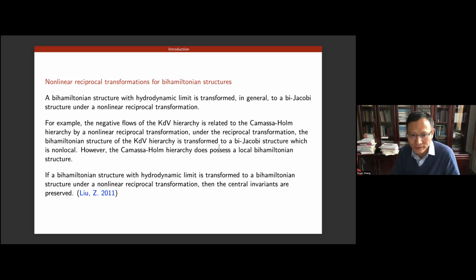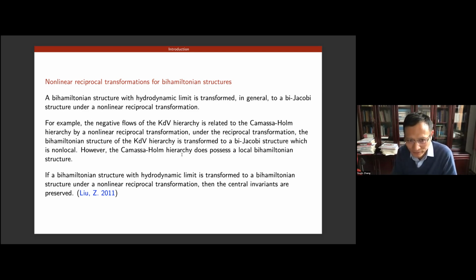But actually, both of these integrable hierarchies have local bihamiltonian structures. But these local bihamiltonian structures are not related by these nonlinear reciprocal transformations. And up to now, we do not understand very clearly how to relate these structures. But these bihamiltonian hierarchies are related by nonlinear reciprocal transformations.